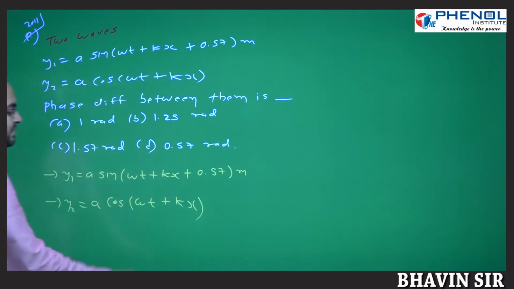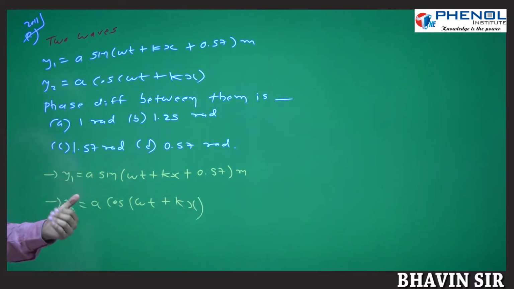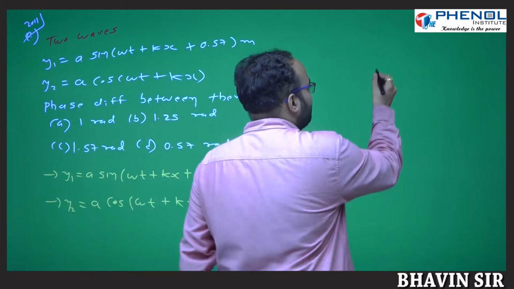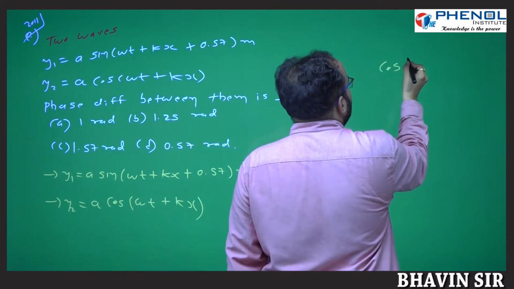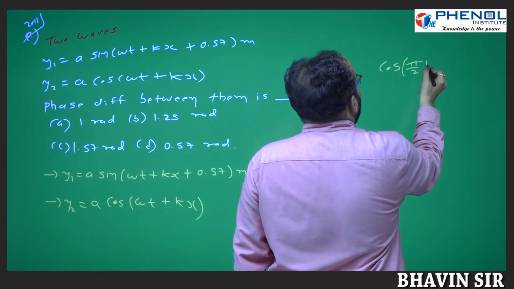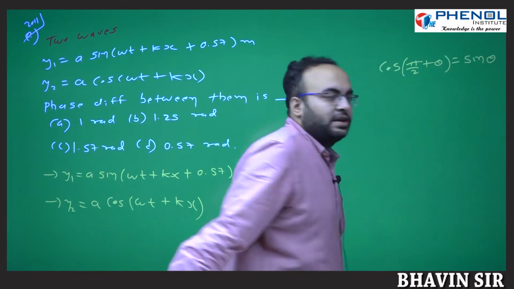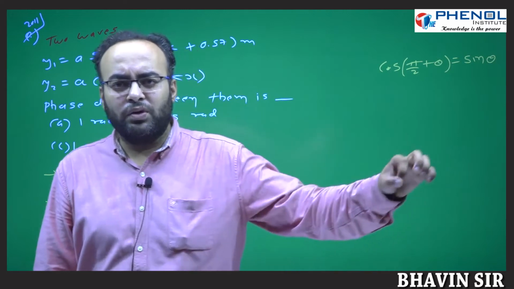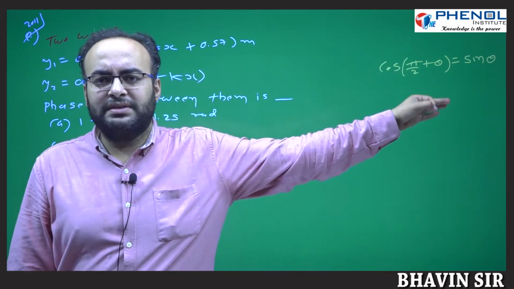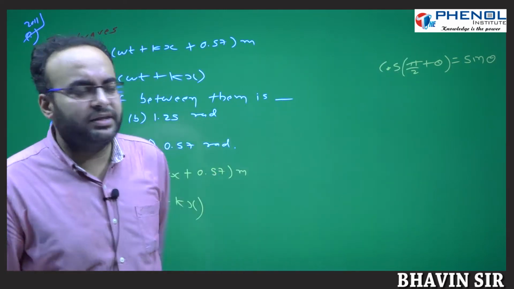So now convert the cos function into sine function. How to convert cos into sine, students? Cos of (pi by 2 plus theta) is equal to sine theta.